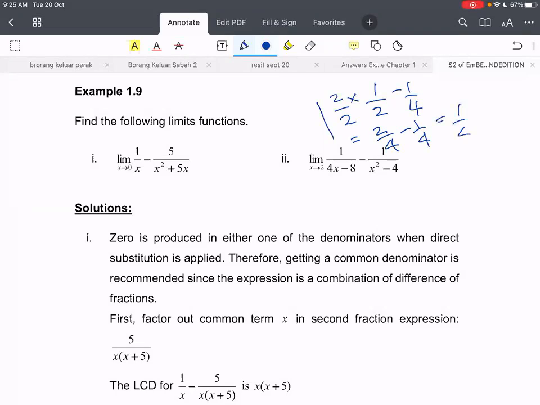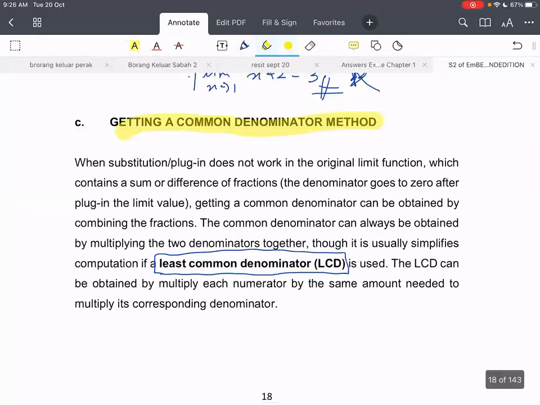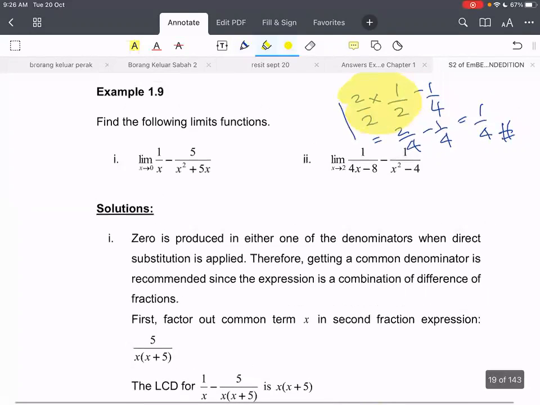So your final answer is 1/4. Right? So this is the same concept that you want to apply when you want to solve the limit question. You need to apply this concept. Okay, this is what we call getting a common denominator method. Easy, you have done this before. Okay, shouldn't be a problem.